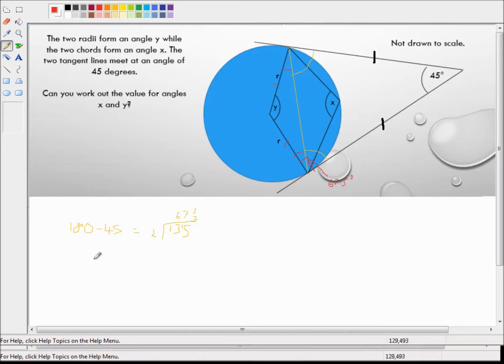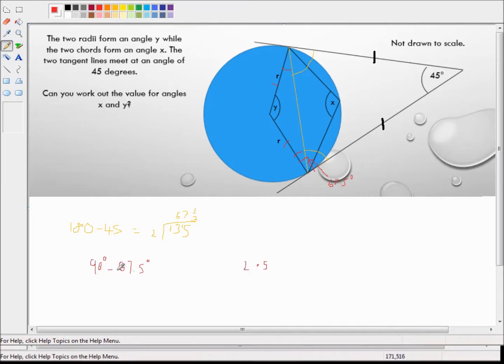So I've got 90 degrees minus 67.5 degrees. Well, I'm going to have to add a 0.5 to turn that into 68, so I know my answer is going to have a 0.5. If I add 2 to 8, I'll get 10, so that makes 70, so I need to write down a 2.